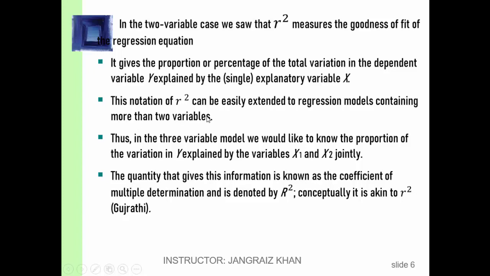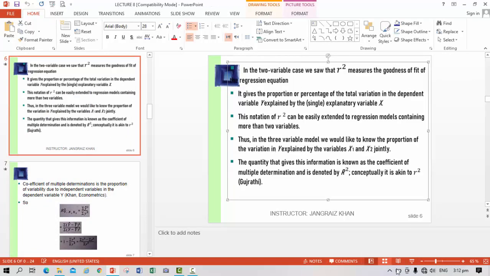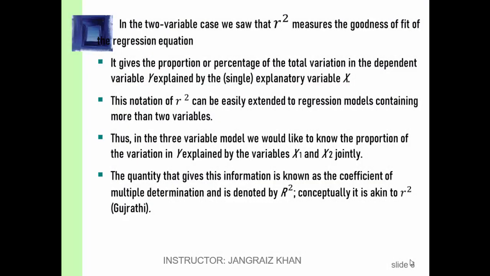Thus, in the three variable model, we would like to know the proportion of variation in the dependent variable y explained by x1 and x2 jointly. The quantity that gives this information is known as the coefficient of multiple determination, and it is denoted by R square.